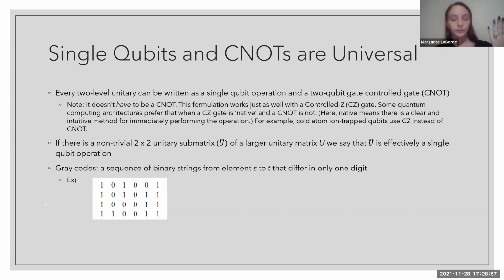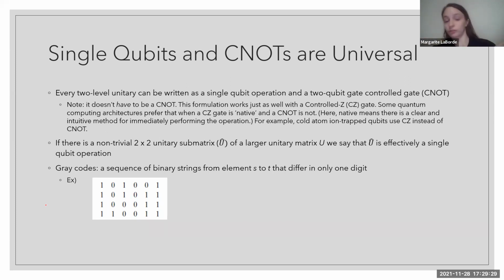So you can reformulate everything in terms of, for instance, the controlled Z gate. Why would you want to do that? Well, as quantum architectures for quantum computing are evolving, some things are easier to do than others. So a CNOT might be really hard, but if you're working with, for instance, cold atoms and an ion trap, CZ might be a lot easier to do. And so gates that are intuitively performed on a certain architecture of machinery are called native gates.